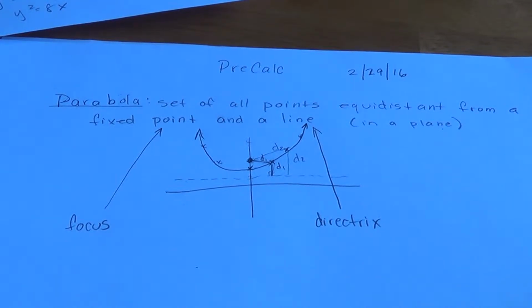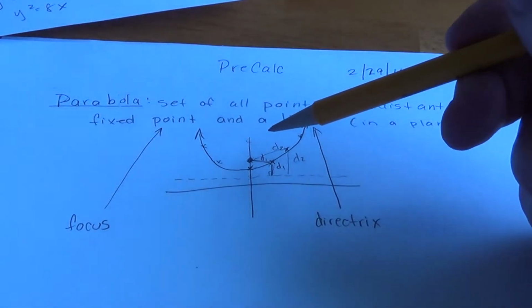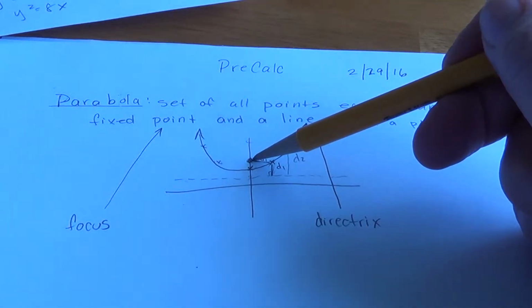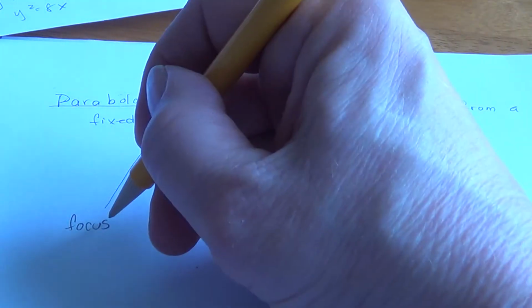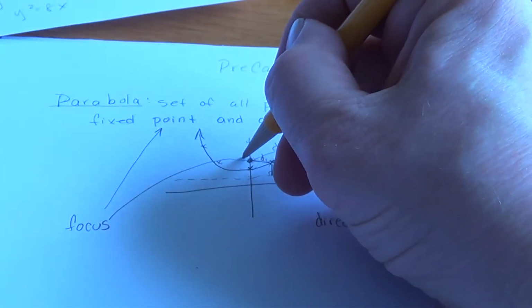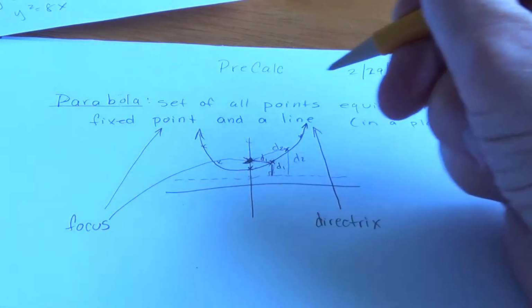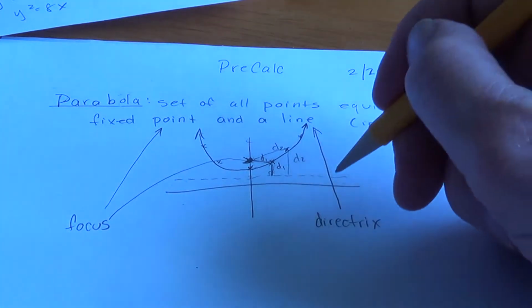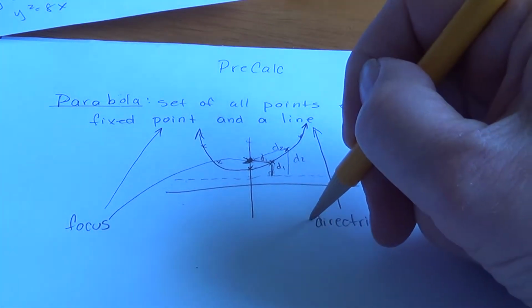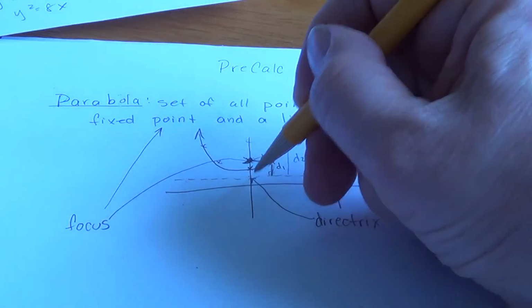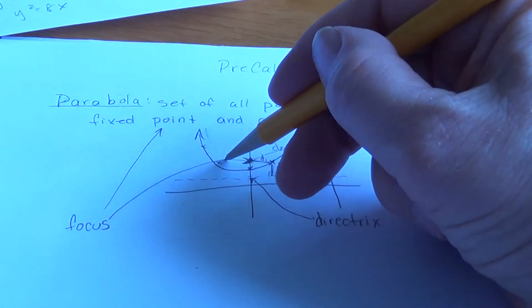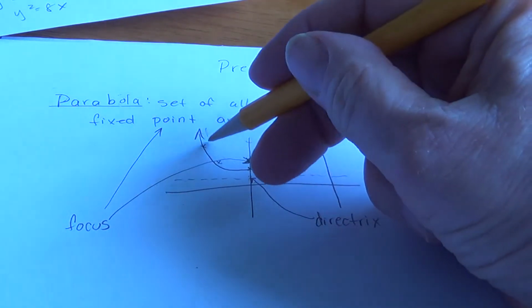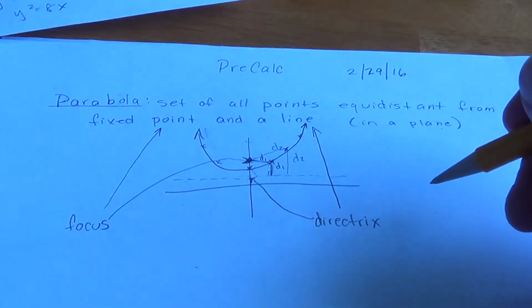Let's look at some more about that. Halfway between the focus, so on my sketch, this is the focus, right there, and halfway between the focus and the directrix, that's right there. So halfway between here and here, there is a point that you have met the name of before, and that's called the vertex.